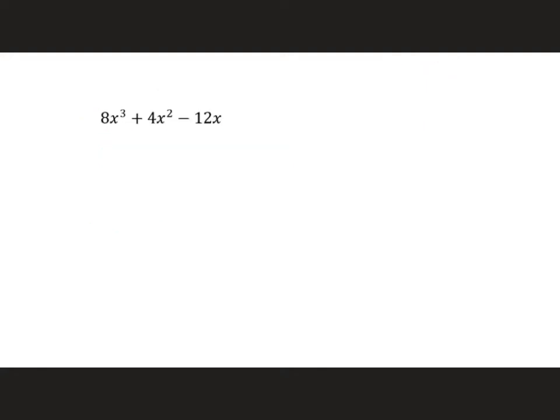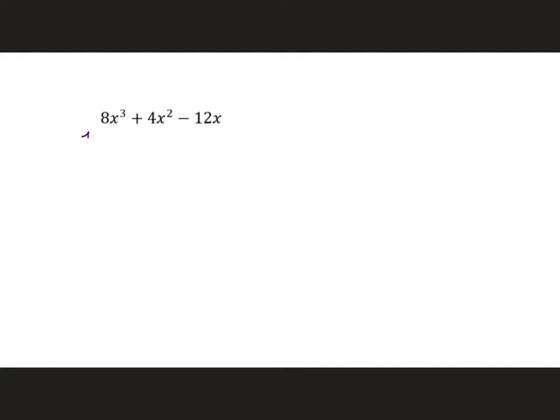So on this problem, what we want to do is now find the greatest common factor between 3 terms. So if you look at 8, 4, and 12, you might already realize that the greatest common factor between 8, 4, and 12 is going to be a 4. So I'm going to rewrite all these as factors of 4.